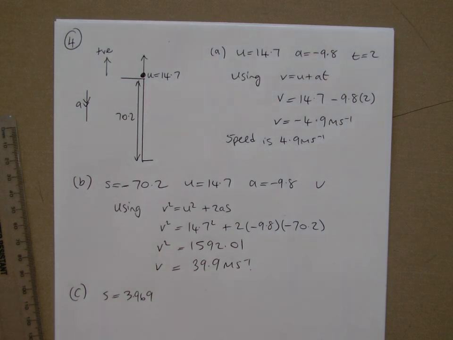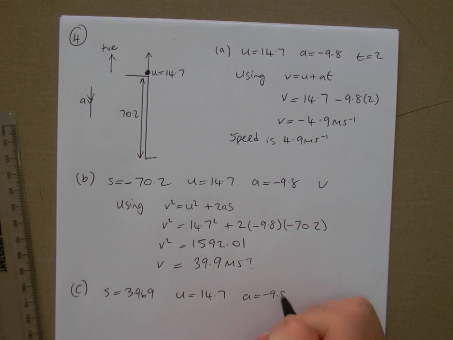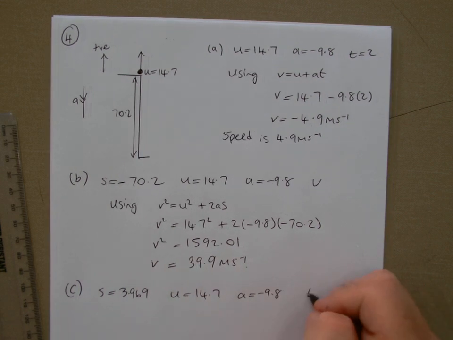Again, we know u is 14.7, we know a is minus 9.8. We want to work out the time.